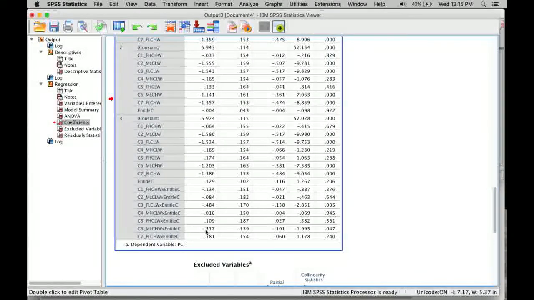And so if you increase entitlement by 1 unit, then PCI scores will go down by 0.317. So again, if you were going from 3 to 4 on the entitlement scale, the PCI score would go down by 0.312.